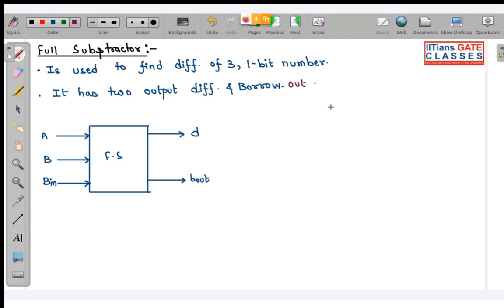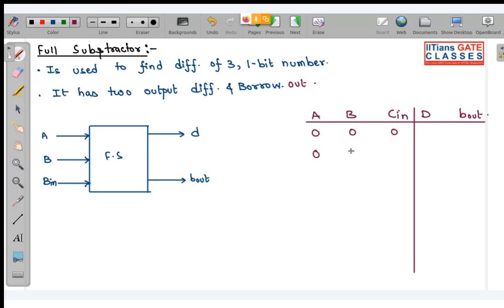So now let us draw the truth table for this also. Okay, so what I want you guys to do, quickly tell me what will be the difference over here and what will be the borrow out, output borrow. Tell me quickly what will be the difference and borrow over here.